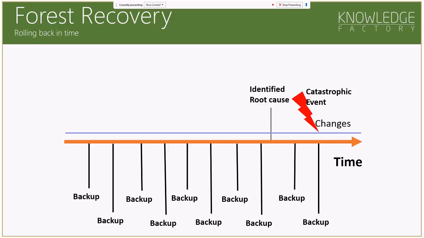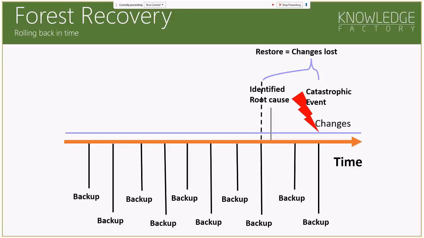So you need to identify the root cause, and the root cause might not be the latest backup. It might be some old backup. You might realize, oh, this application broke my forest, and it took us 2 months to find out because we then needed to update Exchange.